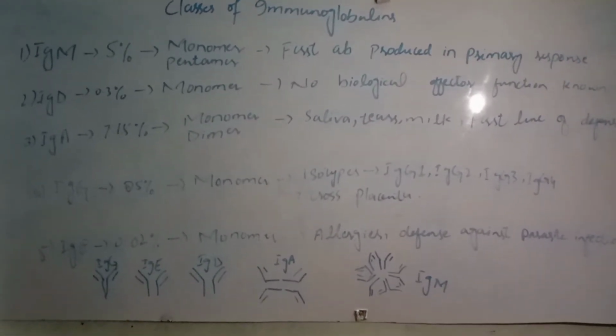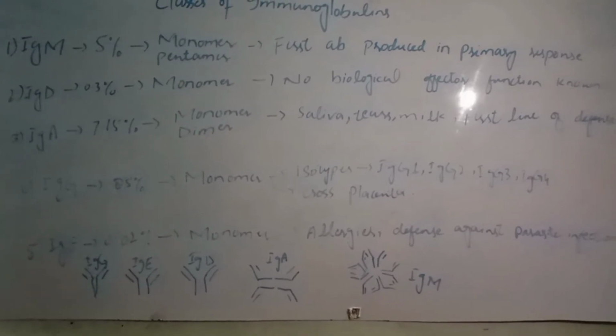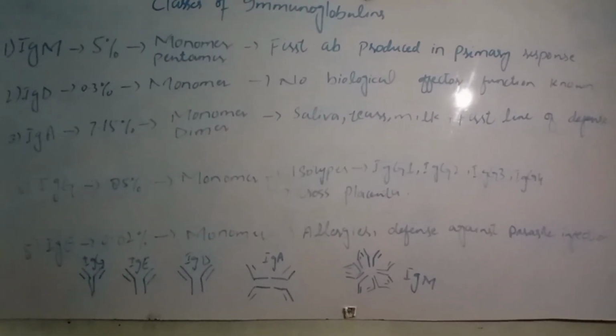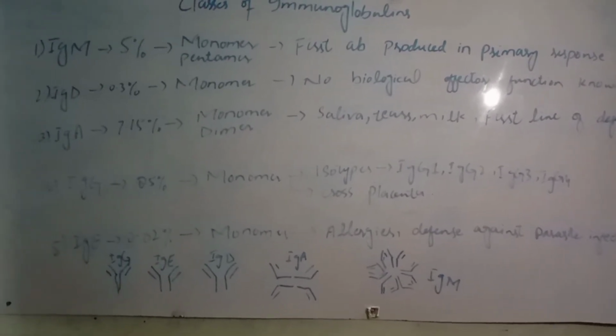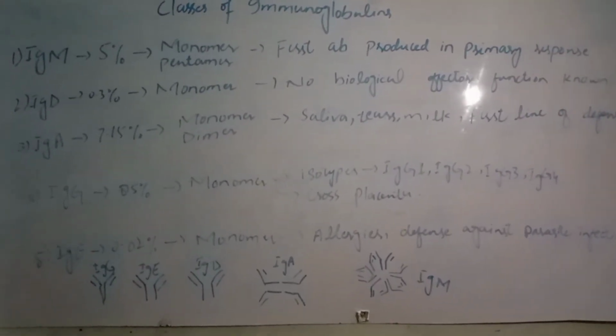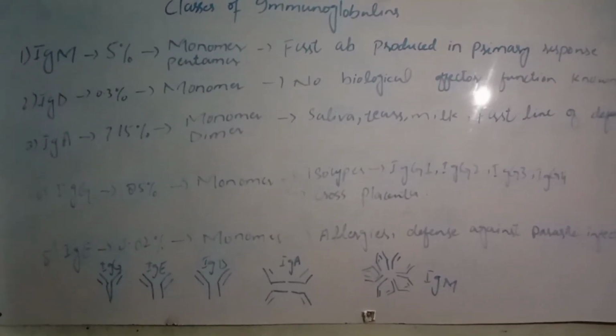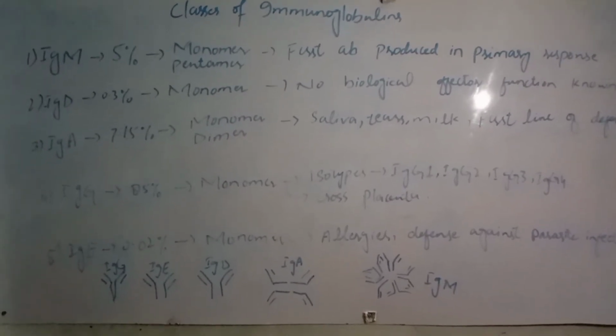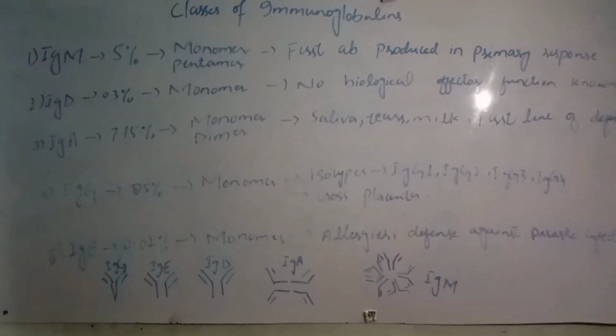Third one is IgA antibody. IgA is present at 7 to 15% concentration in serum, and it occurs as a monomer or as a dimer. Its main function: it is the predominant antibody class in secretions such as saliva, tears, breast milk, and mucosa.